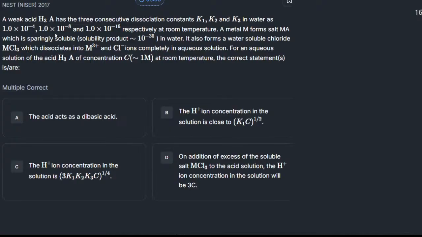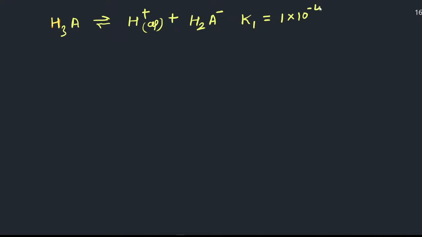First of all, we have H3A, so it gives H plus aqueous and H2A negative, and the value of K1 is 10 raised to power minus 4.